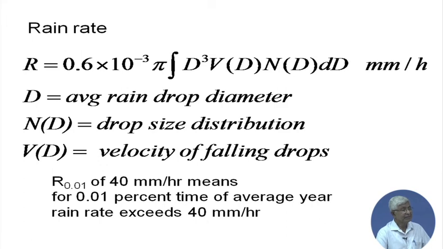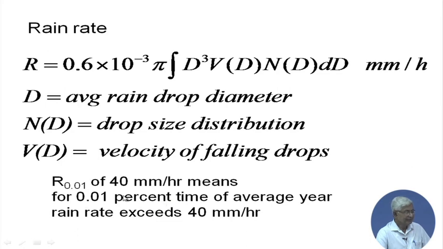It might have rained at some place only for few minutes at 50 millimeter per hour, which is more than 40 millimeter per hour, and some other time half an hour at 40 millimeter per hour. So, like that, over the whole year, if you cumulatively add them, you can find the 0.01% of the time, that is 0.01% of 365 days multiplied by 24 hours.